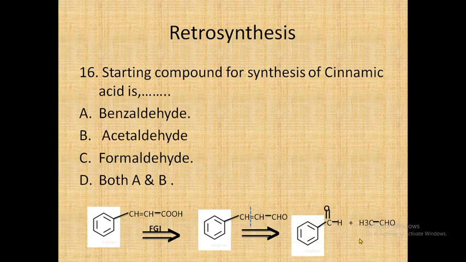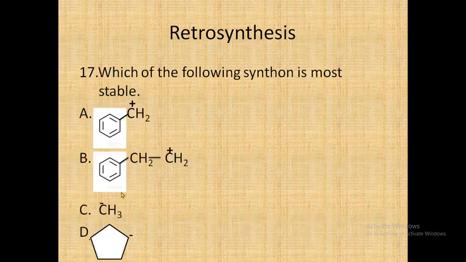As two different aldehydes are used here, definitely it is a crossed aldol condensation reaction. So both aldehydes are used here, benzaldehyde and acetaldehyde. So option D will be the correct answer, that is both A and B. Let's go for the next.